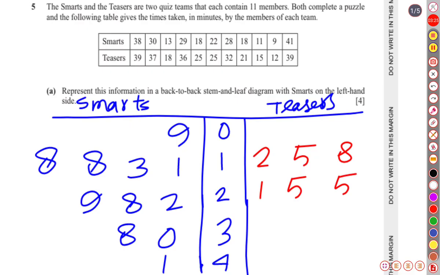After 3 it is 22, 26, 27, 29, and another 29. After 4, there is no time given beyond 40. So this is our back-to-back stem and leaf diagram. Now we will have to show the key, okay?